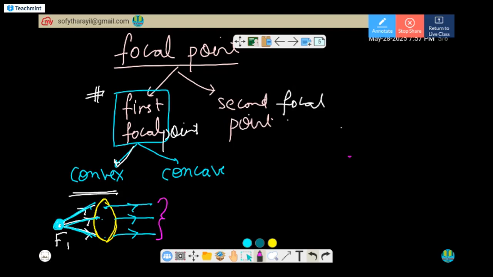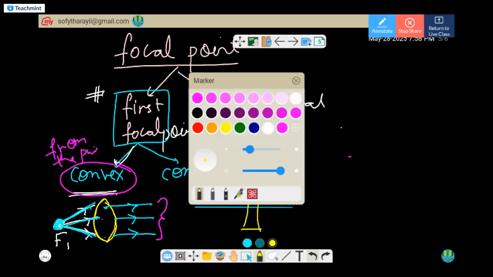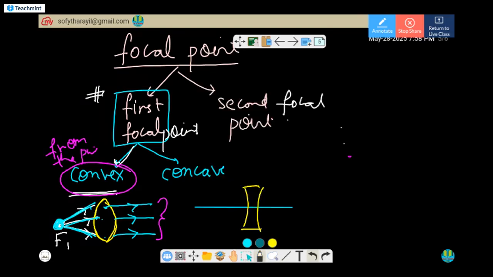So for convex, when you consider the first focal point, the rays of light come from that point, and then they will be parallel to the principal axis. And for a concave lens, I'll just shift it here. This is your concave lens, and let's say this is your principal axis. Which one should you take as the first focal point? The incident ray is such that it's trying to meet the focal point.